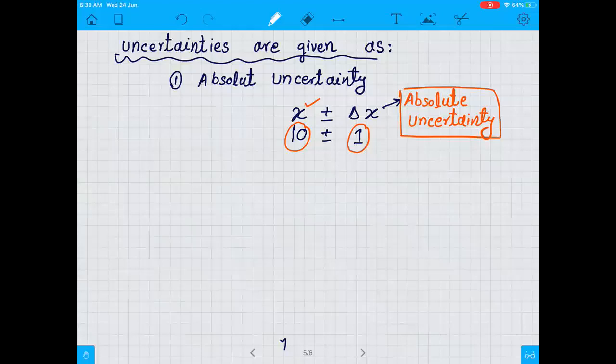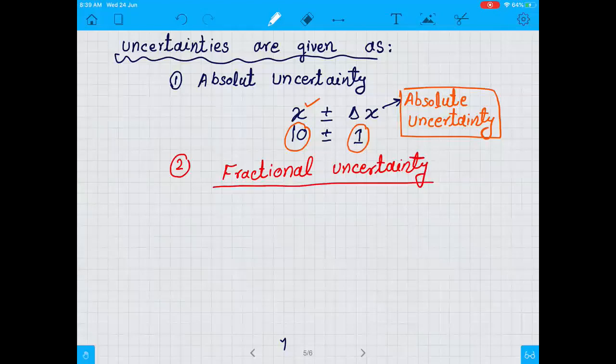Just for example, fractional uncertainty. The concept of fractional uncertainty is that it is the uncertainty if the data value is 1, uncertainty out of 1. How will you calculate that? You will divide delta x by x. Like in this example, it would be 1 over 10 and that would be 0.1.